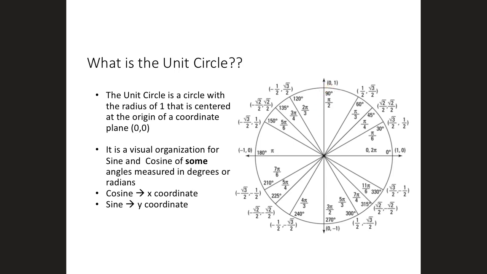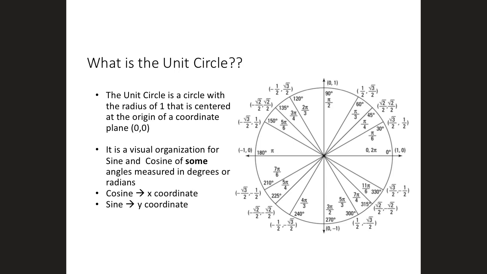Those are key radians and degrees. And then we have a few more in each quadrant. The unit circle is a visual organization for sine and cosine for some angle measurements. For instance, we have 30 degrees, 45 degrees, 60 degrees. What we don't have would be like 70 degrees. The unit circle is a good use for some degree measurements and some radian measurements.